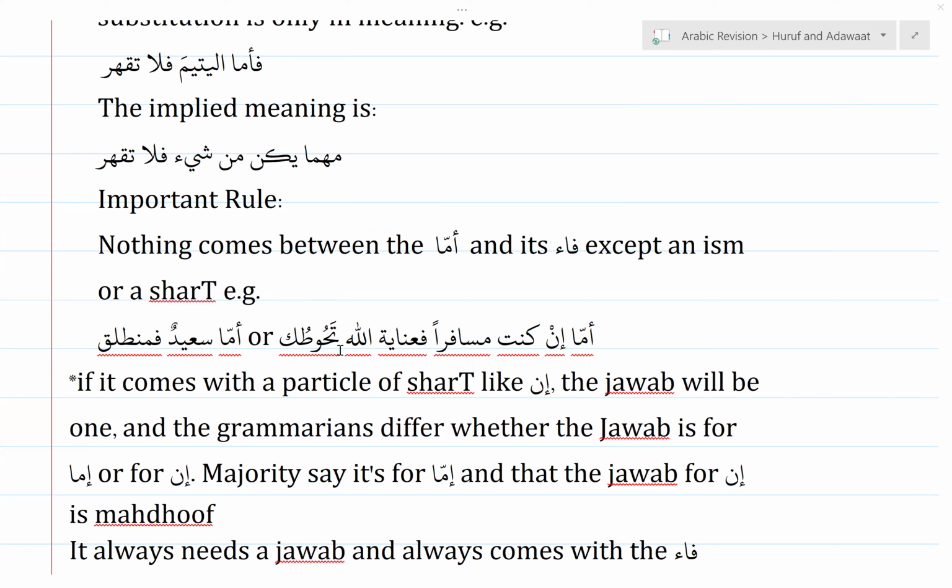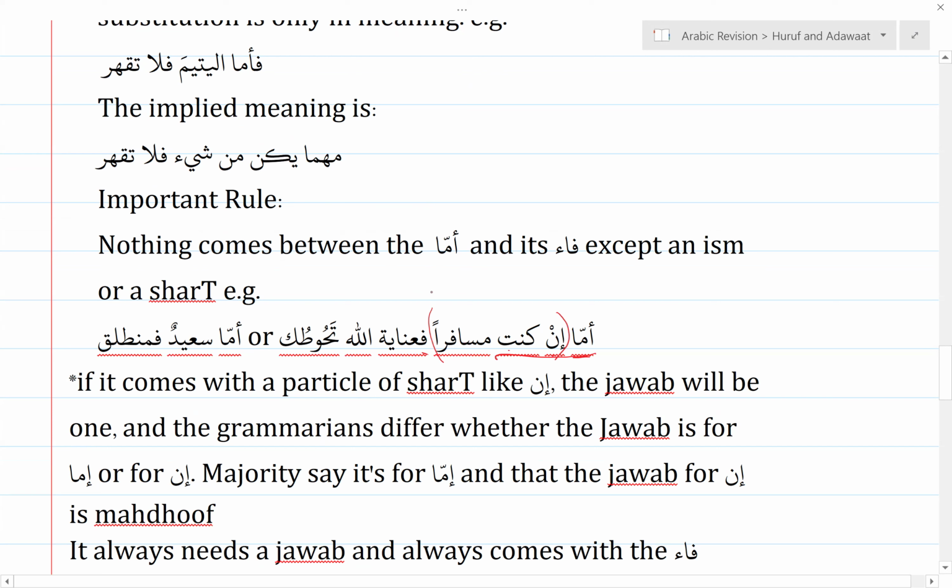So أما, for example, here in the second, this is in شرطية. أما إن كنت مسافرا فعناية الله تحوتك. If you are a traveler, then the protection of Allah will surround you. So you see what comes between the amma and its fa? جملة شرطية. This is in شرطية, إن كنت مسافرا.